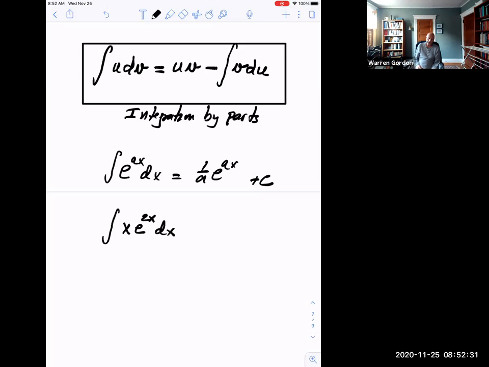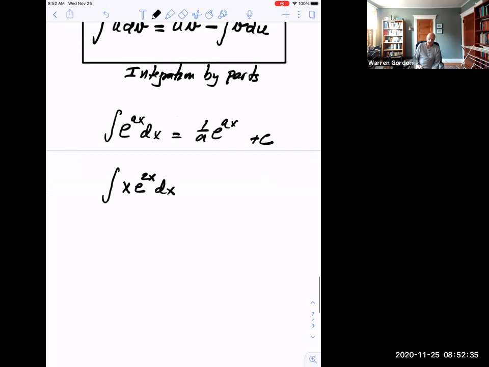So what I need to do is identify one of these with u and the other one with dv. And usually there's a choice, but if you make the wrong choice, you'll know you did so because you get a more complicated answer than you started with. So let's suppose in this problem, I identify u with x, and dv with e to the 2x dx.